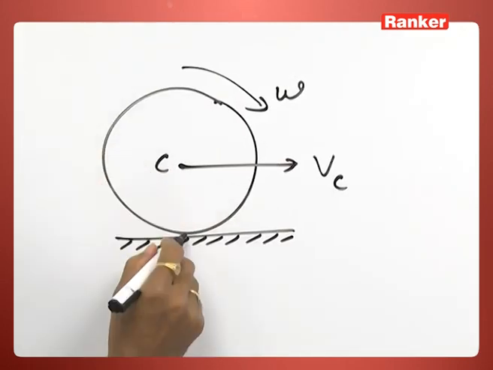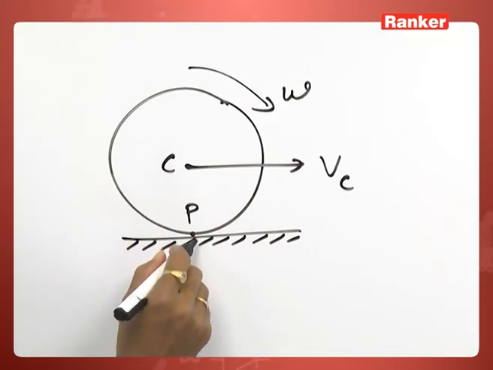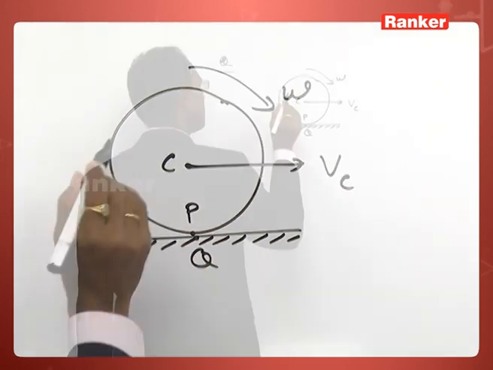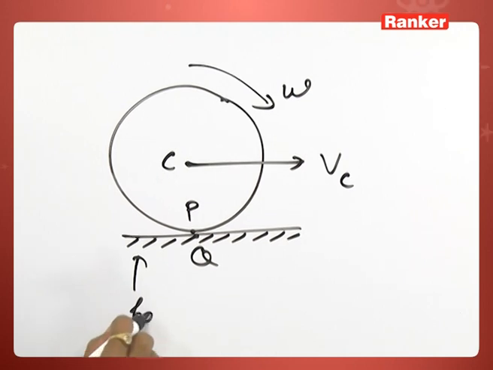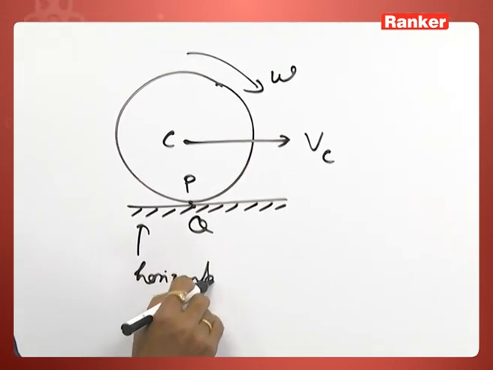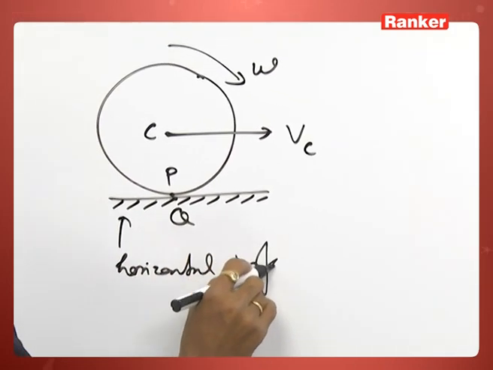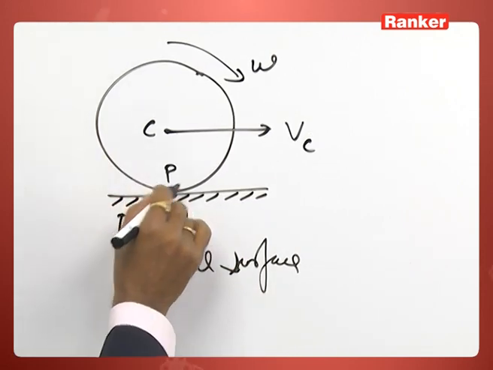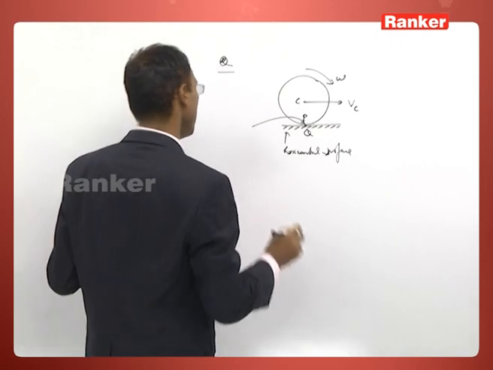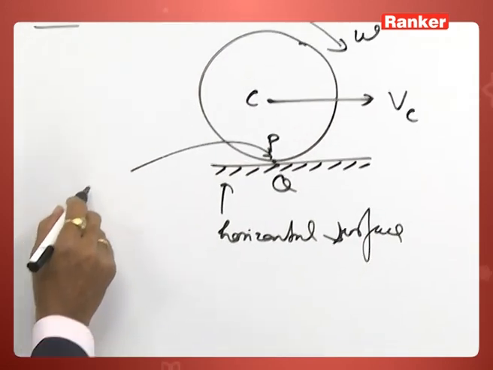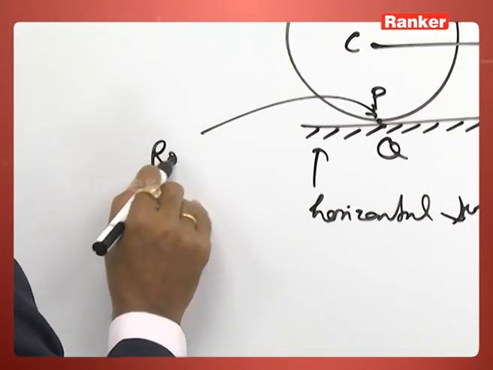This is the center of mass, this is the last point P, the contacting point Q of the horizontal surface, and this is the last point or contacting point of the rolling body.